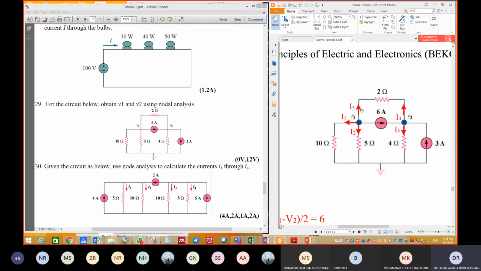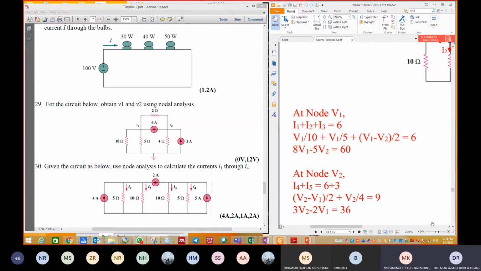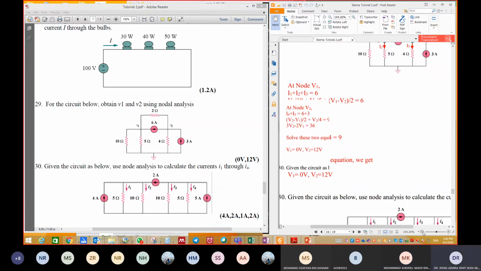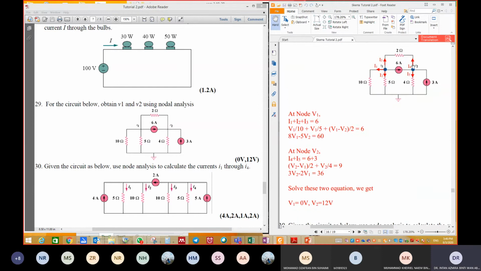There is no need for I4, just use I3. I3 must enter V2.